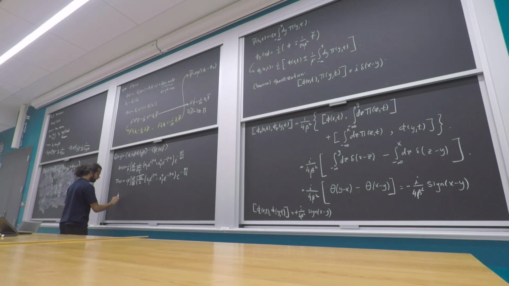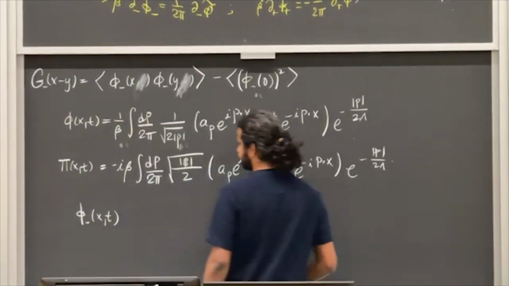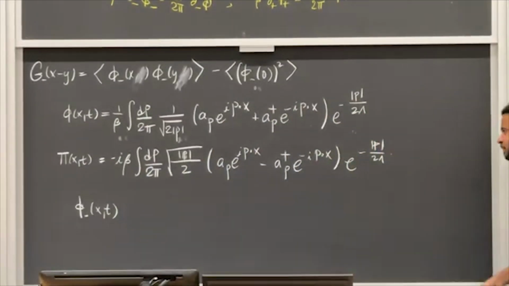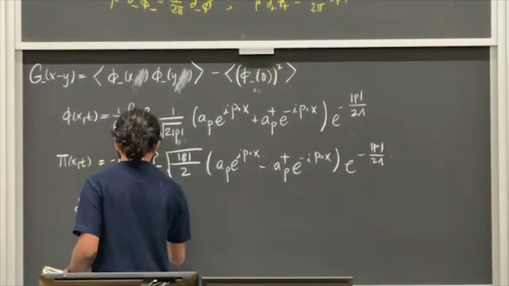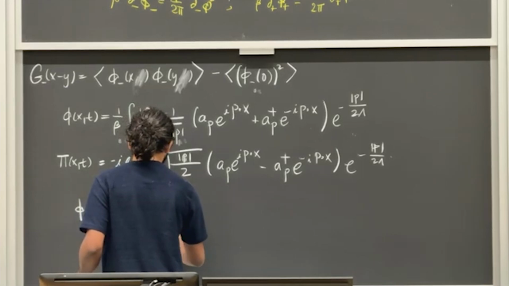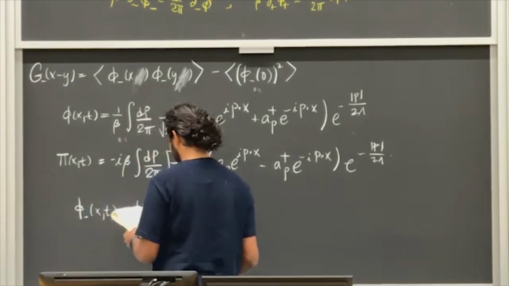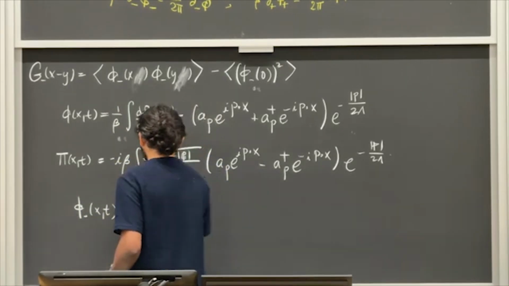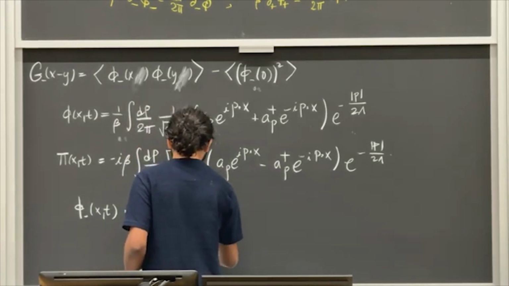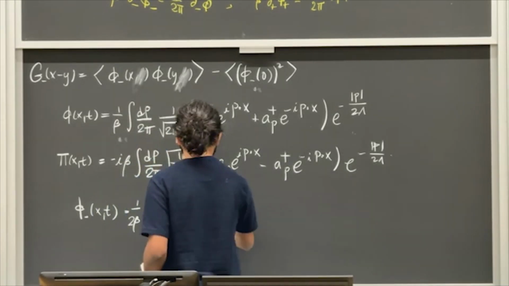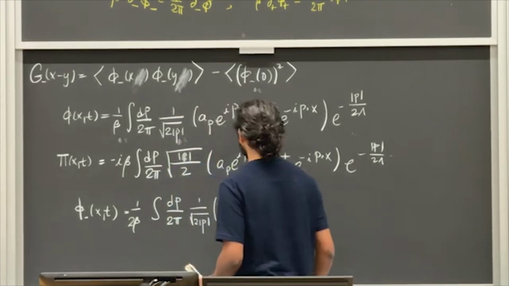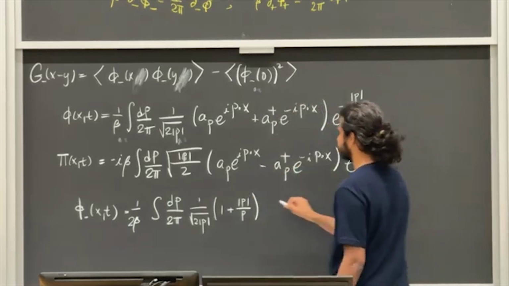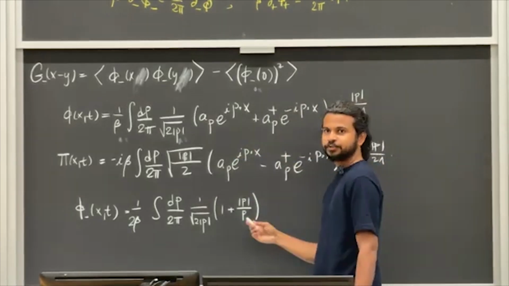So phi minus, after doing that, turns out to be 1 by beta integral dp by 2 pi, 1 by 2 beta to absolute value of p, 1 plus p by p, and the rest of the stuff.